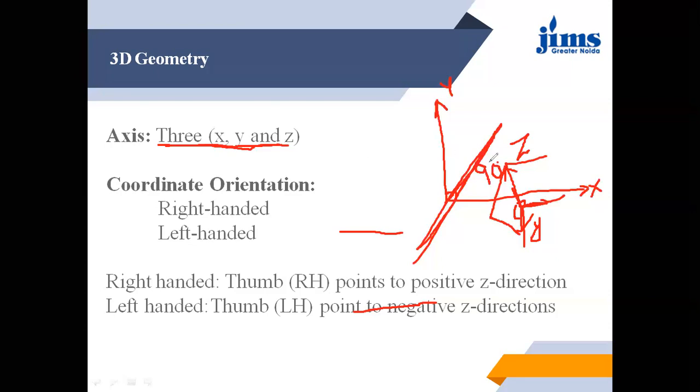So now about the z axis, we can consider two things. Number one, the corner of the bottom of a room, like this.